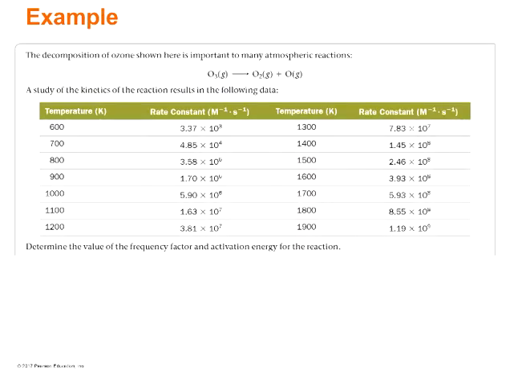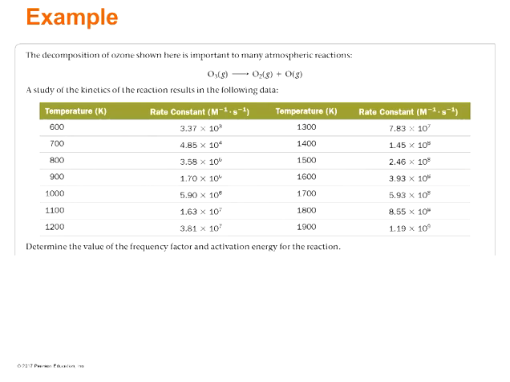All right, so let's look at an example problem, and this is from your textbook. The decomposition of ozone is important to many atmospheric reactions. Down below you can see that ozone, O3, is decomposing into oxygen and then just pure elemental oxygen, a single oxygen atom.